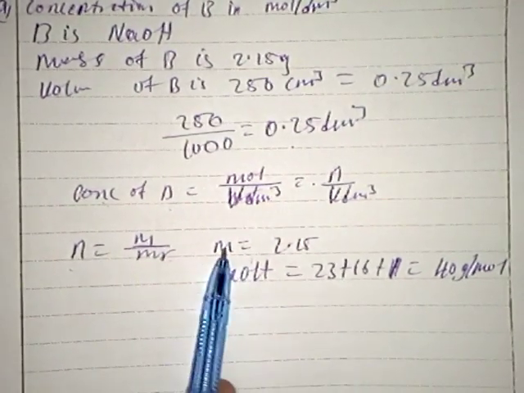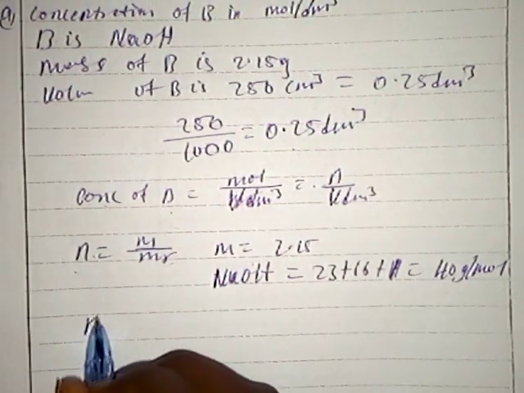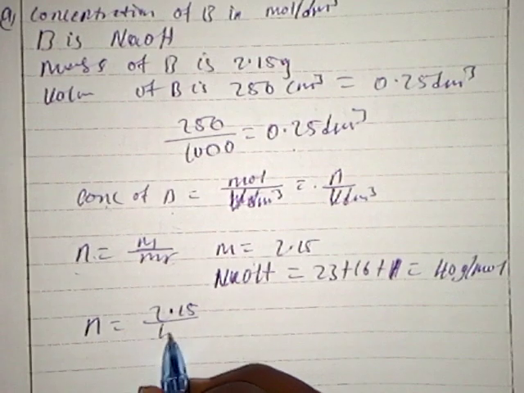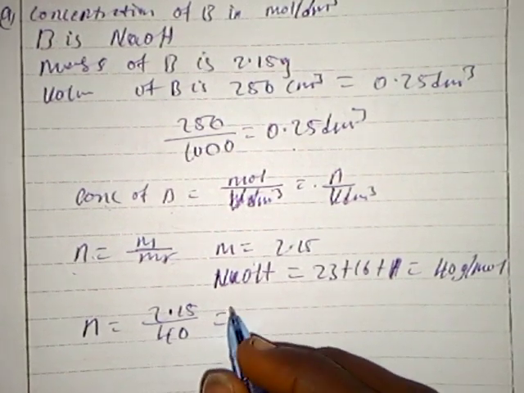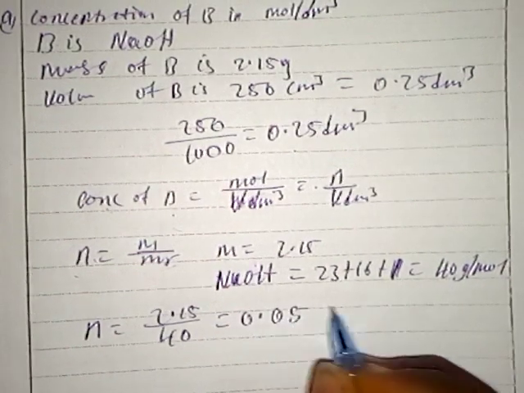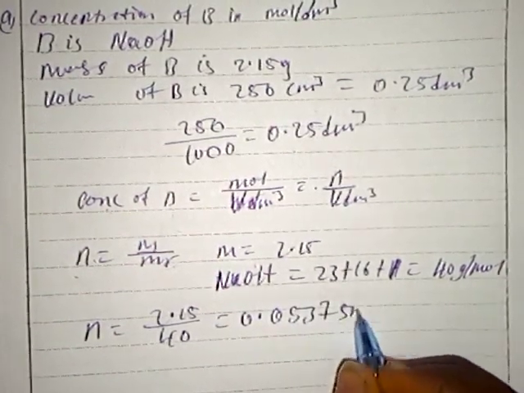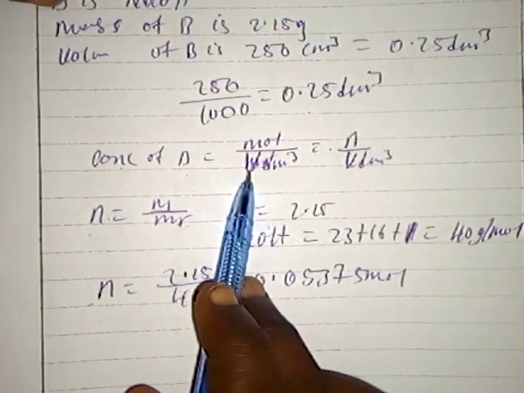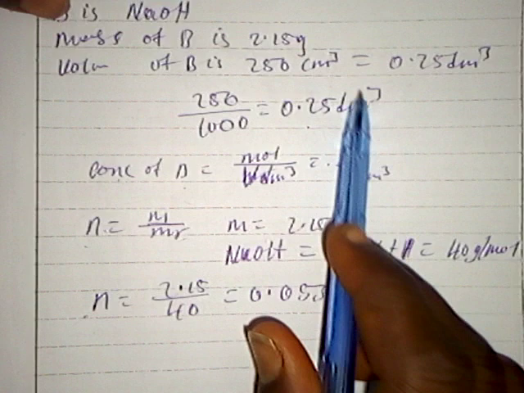So since now we have the mass and the molar mass, we use the formula to find the mole. So mole is equal to 2.15 divided by 40. What is it going to give us? If we divide it, it's going to give us 0.05375 mole. Right? Now we know the mole. Now we know the volume. Of course, we have converted the volume to dm cube.